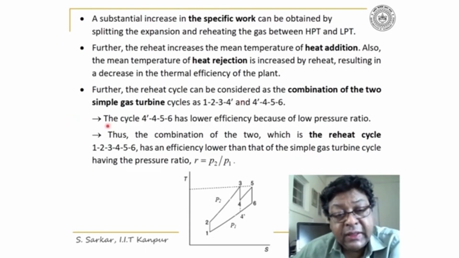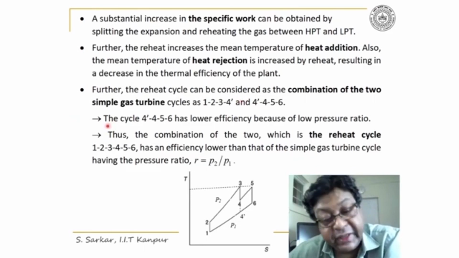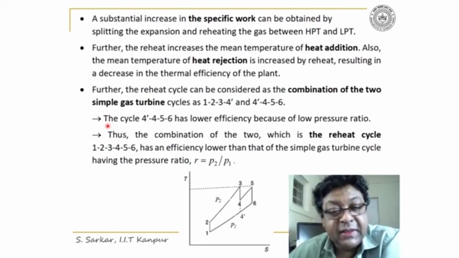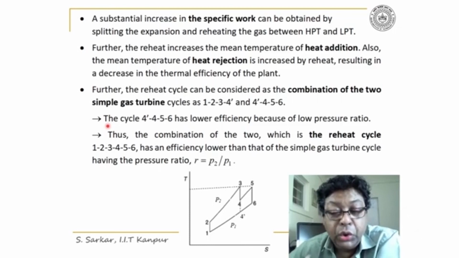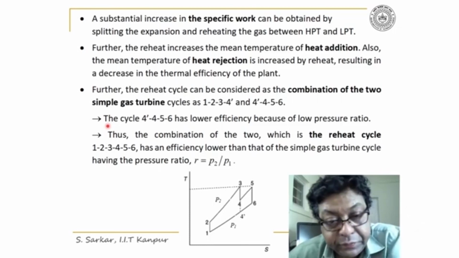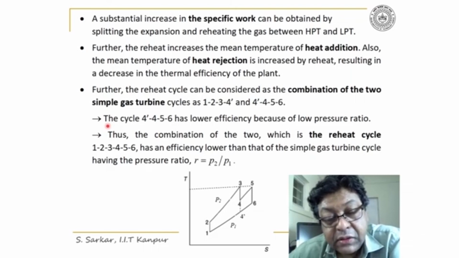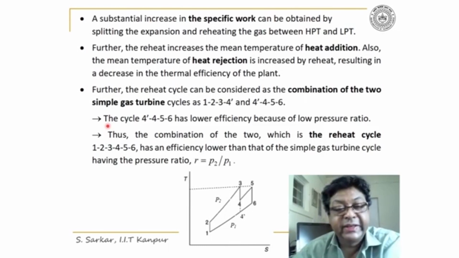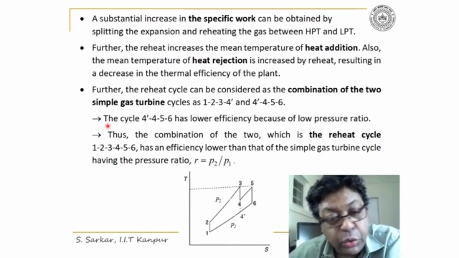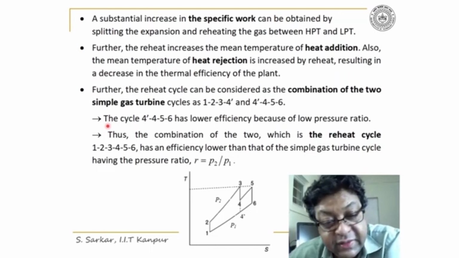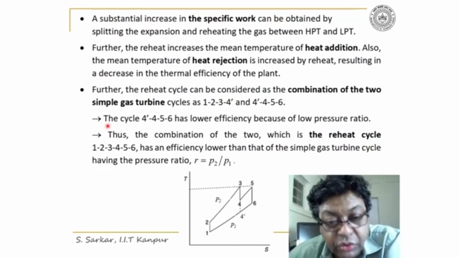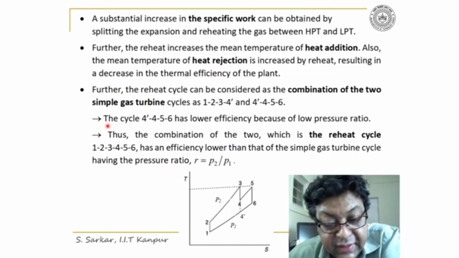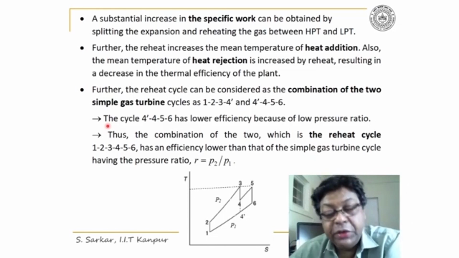Now the cycle 4 dash, 4, 5, 6 has a lower pressure ratio, and thus a lower efficiency. Hence we can say the combination of the two, which is the reheat cycle 1, 2, 3, 4, 5, 6, has an efficiency which is lower than that of the simple gas turbine cycle having a pressure ratio P2 by P1.